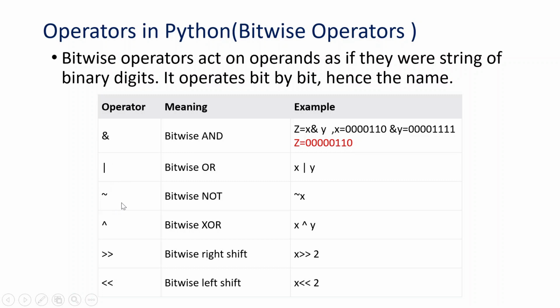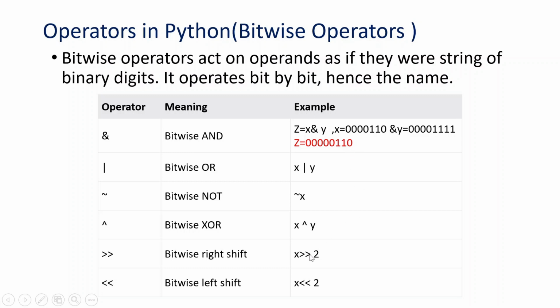Then the tilde symbol is for bitwise NOT, indicated by this. Then bitwise XOR, this is x XOR y. Bitwise right shift: if you want to shift a particular bit to the right, this indicates the bitwise right shift operator. x greater than greater than 2 is a 2-bit shift for this x.